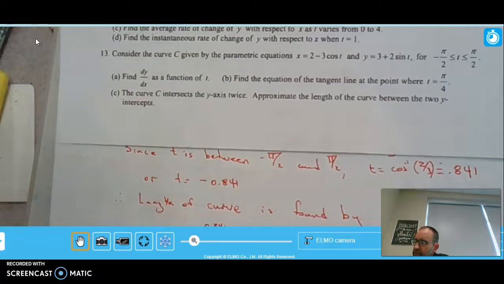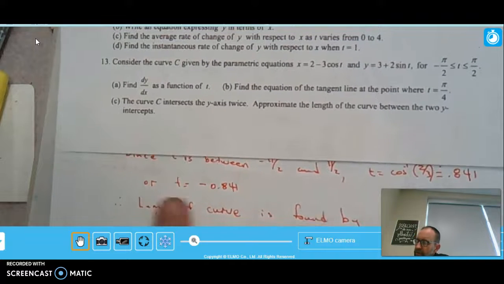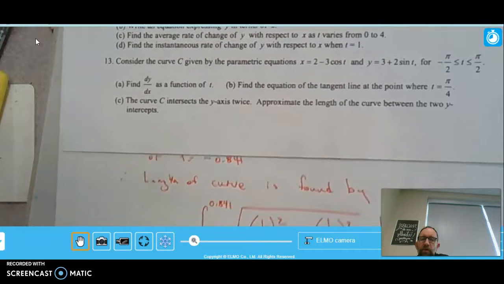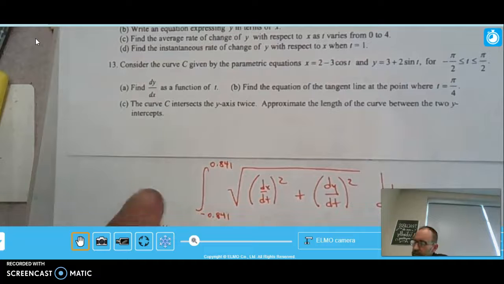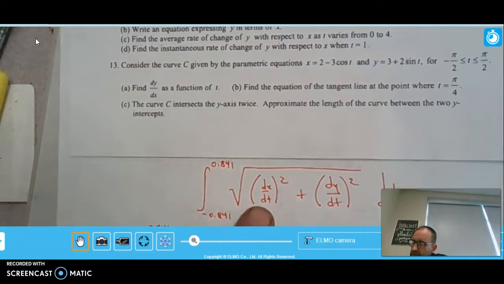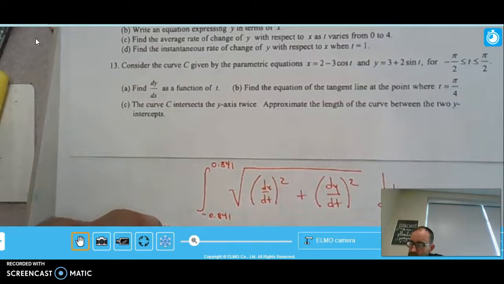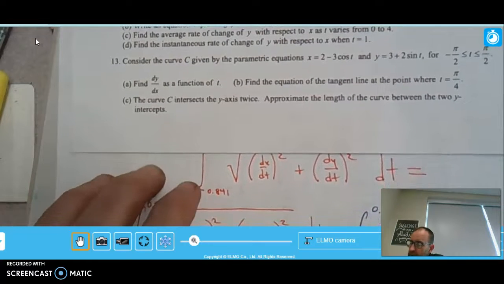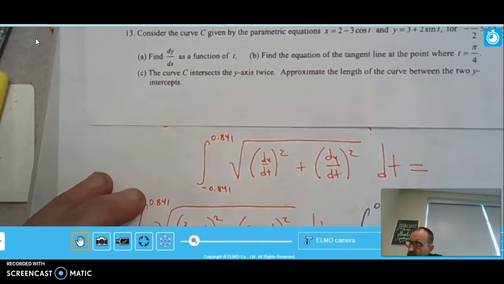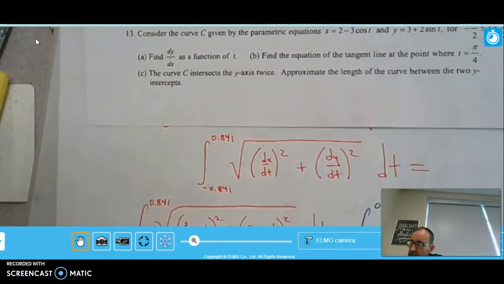So if we want to find the length of the curve between these two values of t, we can integrate between those values the change in x with respect to t squared plus the change in y with respect to t squared and take the square root. So substituting in, dx/dt squared will be the quantity 3 sine t squared. dy/dt will be the quantity 2 cosine t squared.